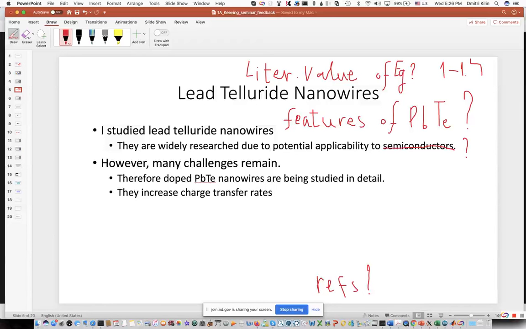For lead telluride, it should be substantially less. So around 4.8 electron volts. Please try to find it yourself. And one of the criteria for thermoelectric applications is the small gap of the material. So it has a sufficiently small gap to be used for thermoelectrics. Maybe you will find some other features as well. Okay, please continue.